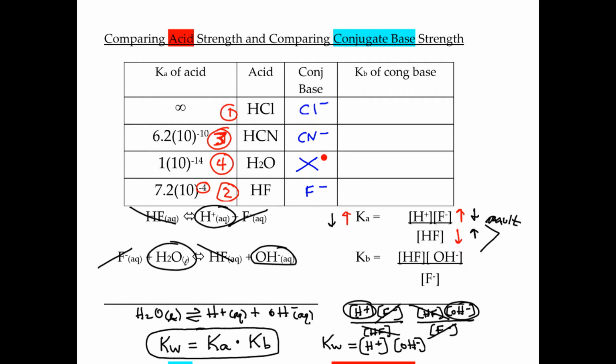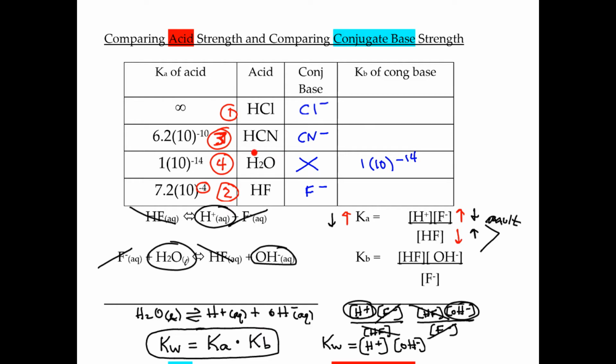So why is this crossed off? Because when water breaks up, you could think of water down here as an acid because it gave you H plus, and you could think of it as a base because it gave you OH minus. So you could call water an acid, you could call water a base, either one. So as an acid, it has a Ka of this, and as a base, it's going to have a Kb also of 1 times 10 to the minus 14th, which I know doesn't make sense based on what we said down here about the Ka and the Kb, but this is water.